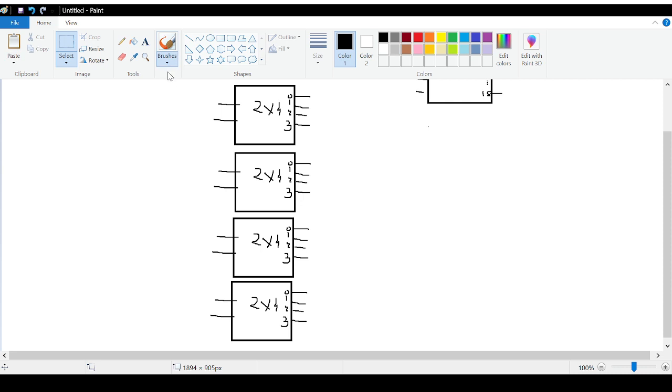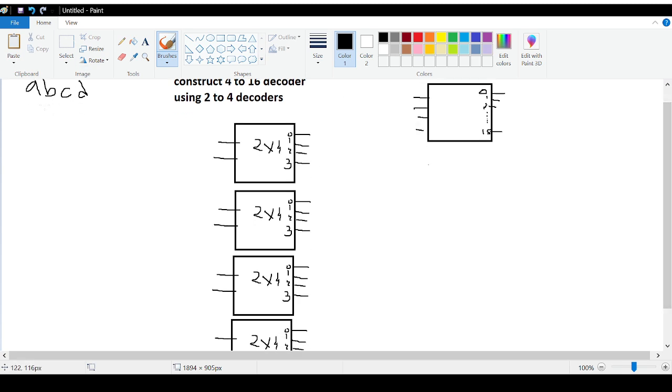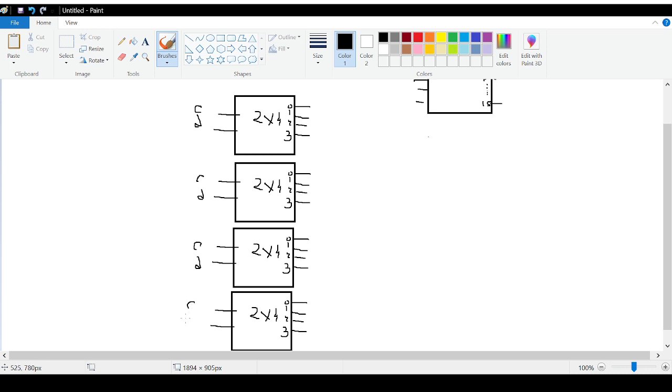Alright, so you have 16 outputs here. So you have 4 inputs. Let the 4 inputs be A, B, C, D, and these decoders will take the inputs C, D. So what you do is you connect all the C's together.